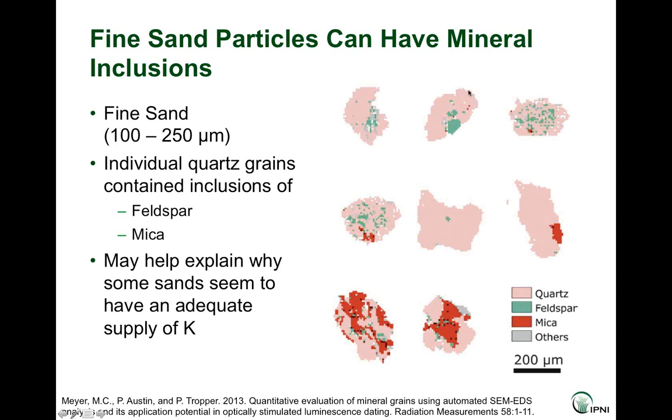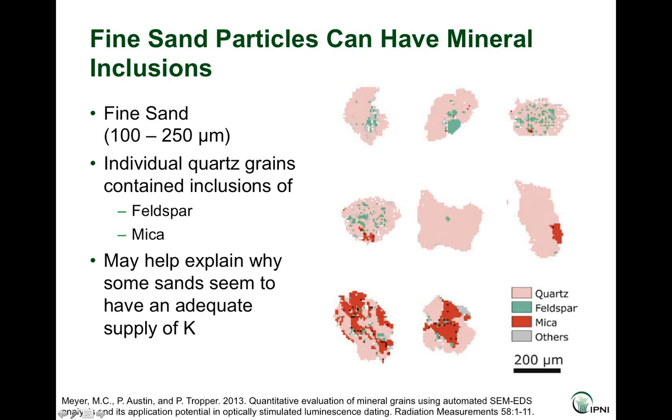And this chemical mapping technique allows us to understand how the minerals change over that individual grain of sand. And what I'd like to show here is that there are some feldspars, which are potassium-bearing minerals, within the sand grain. Sand is not just quartz, as we often think of it. There are some other minerals present.